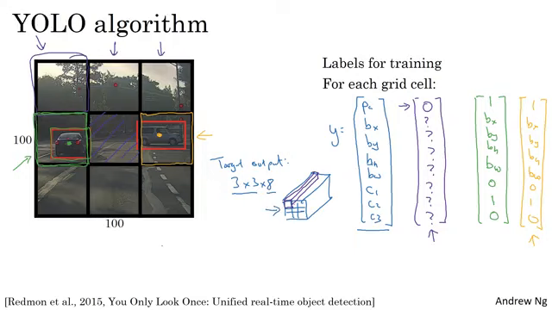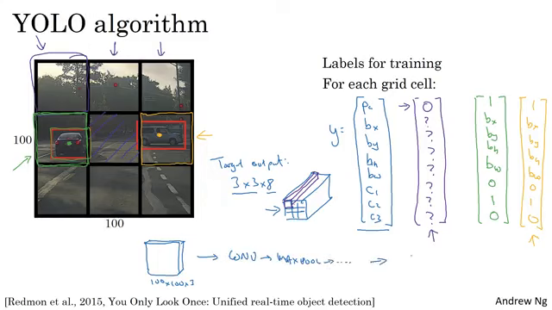So now, to train your neural network, the input is 100 by 100 by 3. That's the input image. And then you have a usual convnet with conv layers, max pool layers, and so on.